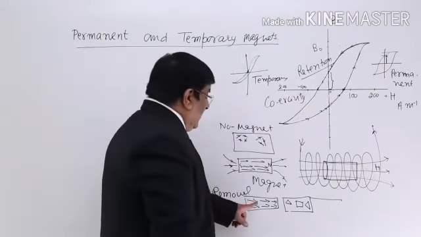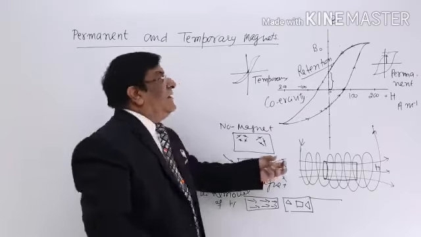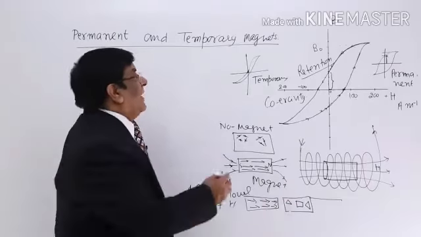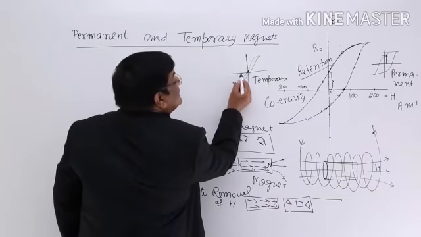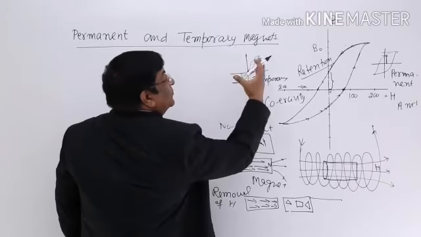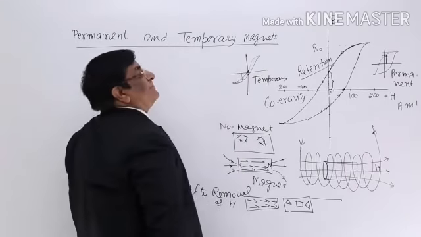If we want to break down this structure, we have to apply H in the opposite direction, and that H has to be very strong. Here we do not have to apply that. You apply a little H in this direction, you will get B in this direction. You remove the H, again it will come to almost 0.